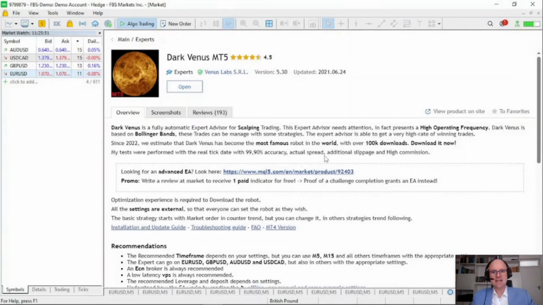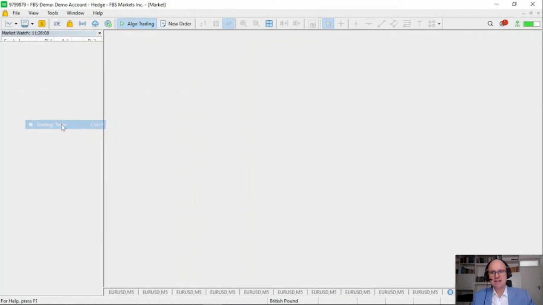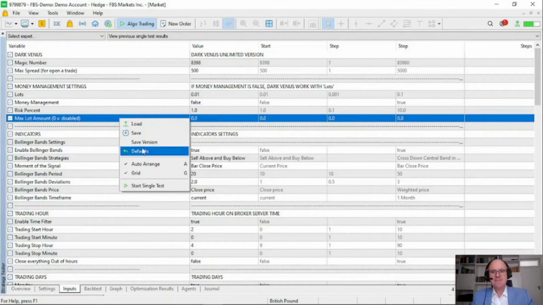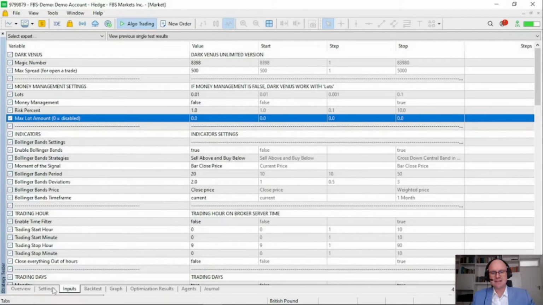Another major mistake that I often see from new traders is trading the major pairs. For example, on my market list, I've currently added the AUD USD, USD CAD, GBP USD, and Euro USD. Now, all of these major pairs have one thing in common, and that is that they are USD based.